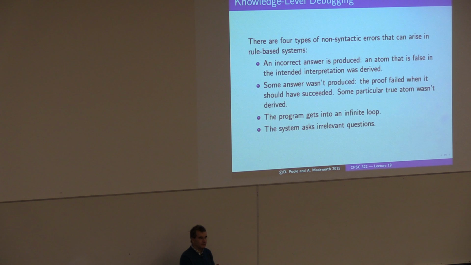All the time you've thought about debugging programs, you actually look at the code and work out how it's implemented. But sometimes you can debug things without knowing how they're implemented, just by knowing what things mean. And that's what we're going to talk about here.